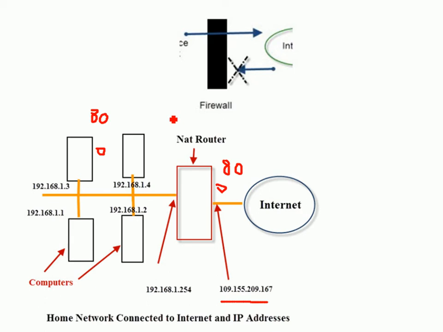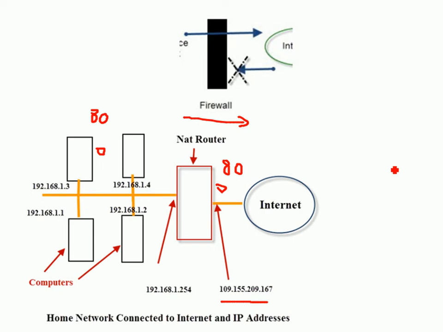And when I send a packet out onto the internet, instead of going out as 192.168.1.3 port 80, it goes out as 109.155.209.167 port 80. Now this IP address is reachable from the internet, this IP address is not reachable from the internet. So basically I forwarded this port from here to here, and that's what port forwarding is. It's a mapping between an internal port and IP address to an external port and IP address.